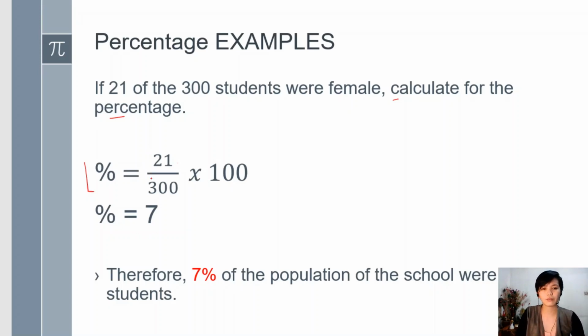So 21 divided by 100 is 0.07 times 100, and that is 7. Therefore, 7% of the population of the school were female students. And of course, let's have another example.